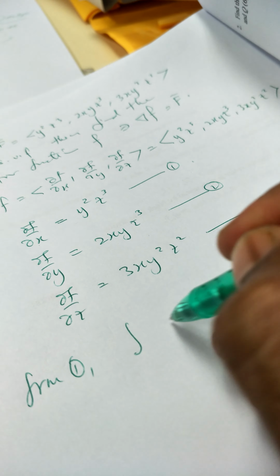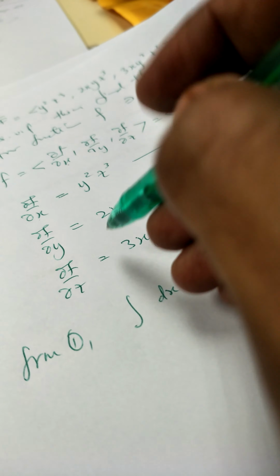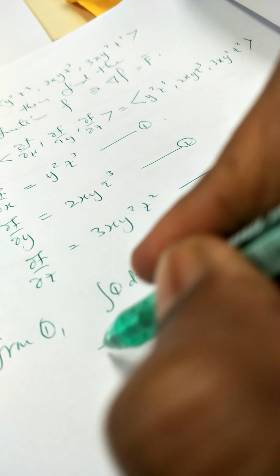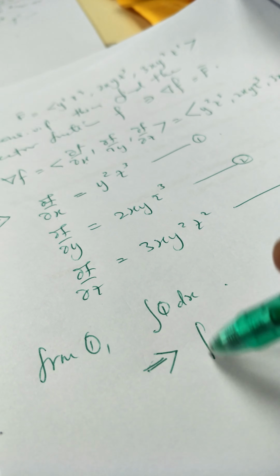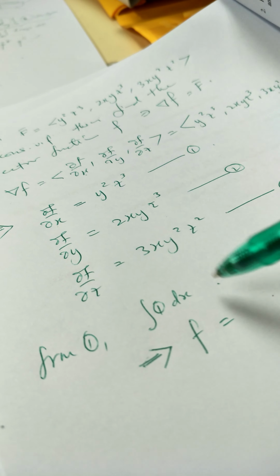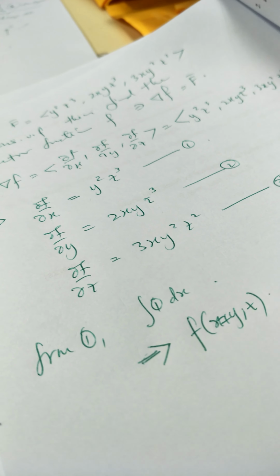From 1, we integrate with respect to x. On the left-hand side, we get f, a function of x, y, z.